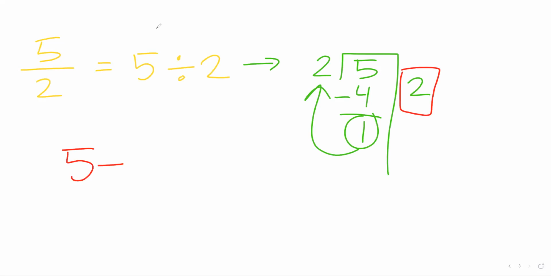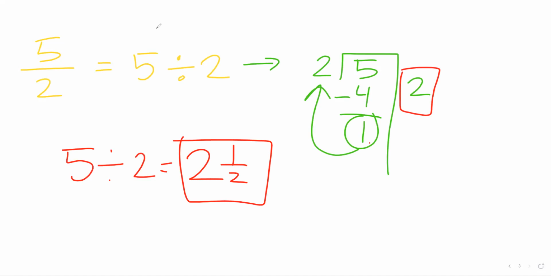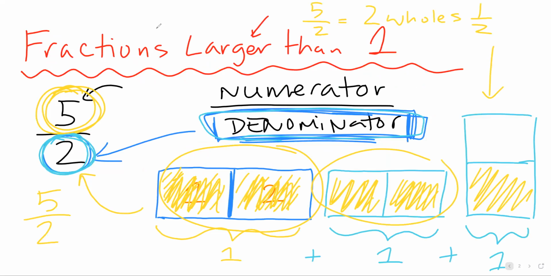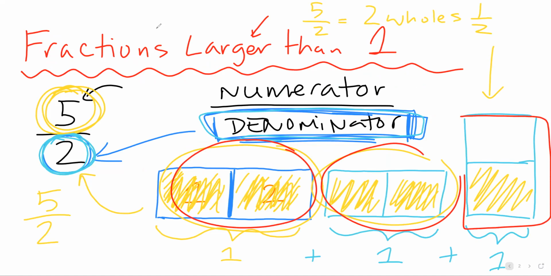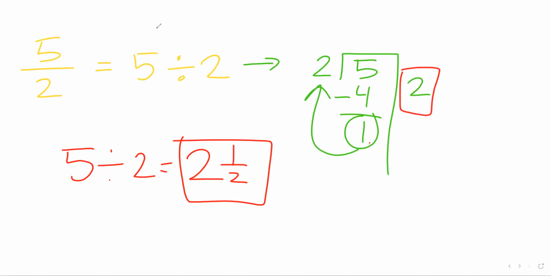So if I had something like 5 divided by 2, it would actually say I have 2 and 1/2. 2 and 1 out of 2 left over. Well, isn't that what we just did here? 1, 2, and 1/2, or 2 wholes and 1/2. So this is pretty cool that things we were doing earlier in the year tie back into this. This is why we talked about writing our remainders in division as fractional parts, because this is where they connect.